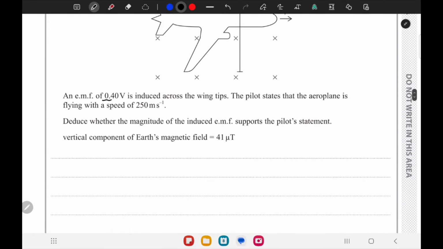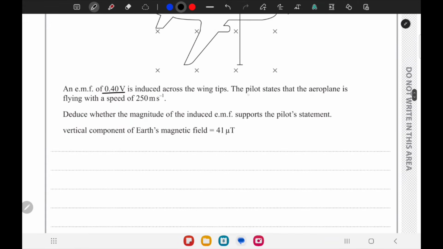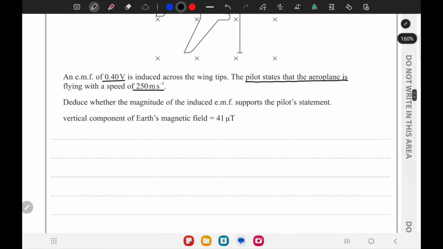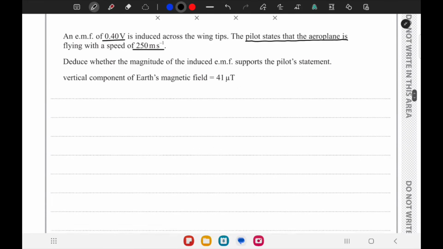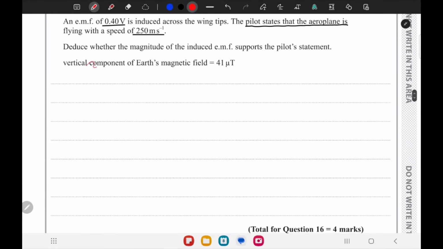Then an EMF of 0.4 volts is induced across the wingtips, and from that, the pilot states that the aeroplane is flying with a speed of 250 meters per second. We have to deduce whether the pilot's statement is supported. We are given this information after that. So this is the magnetic field strength.